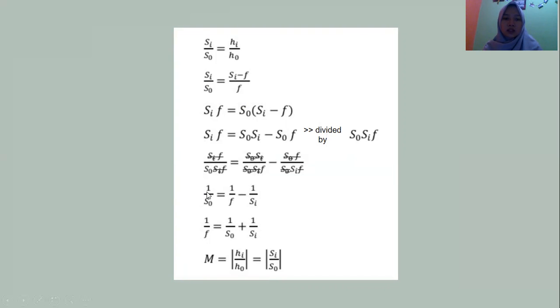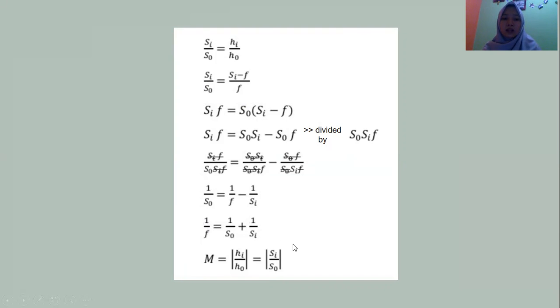So we can get the formula 1 divided by SO equals 1 divided by F minus 1 divided by SI. So for the focal point, 1 over F equals 1 over SO plus 1 over SI.